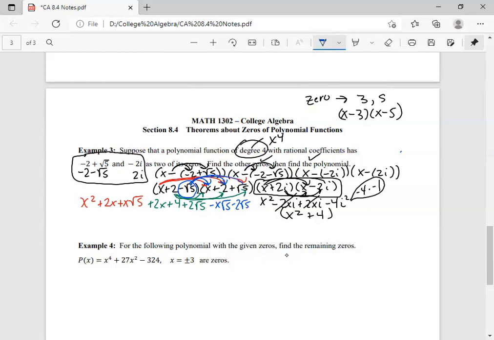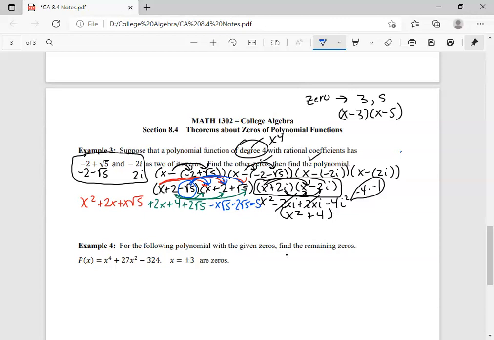Negative square root of 5 times square root of 5. I'm hoping we can cheat here, because we did that introduction about how the square root of 5 times the square root of 5 is what? 5. Okay, negative square root of 5 times the square root of 5 is just negative 5.